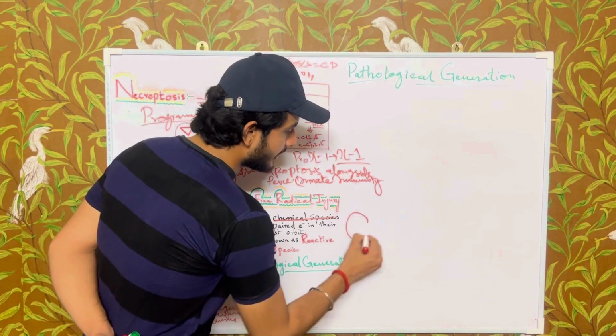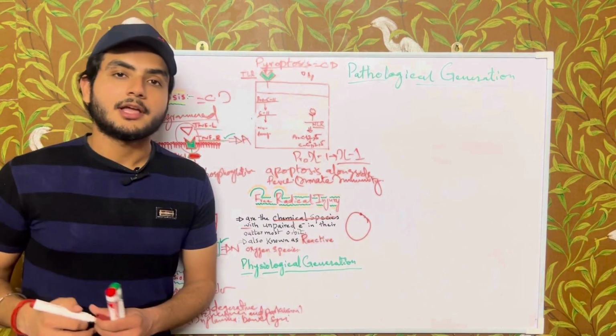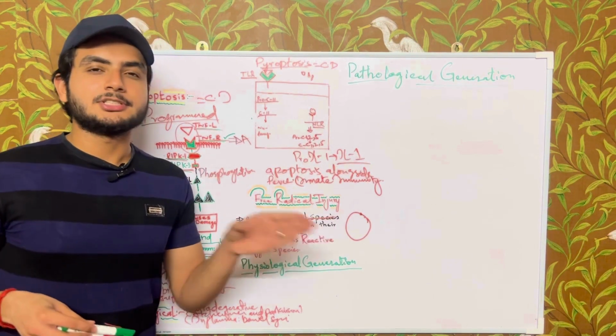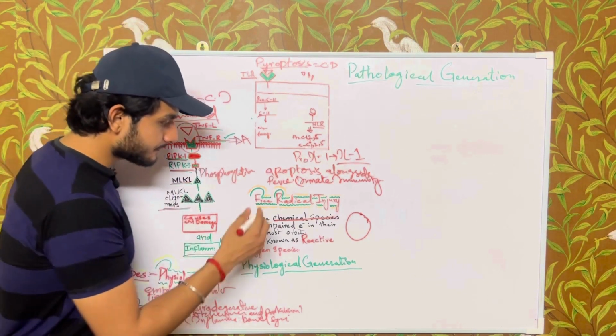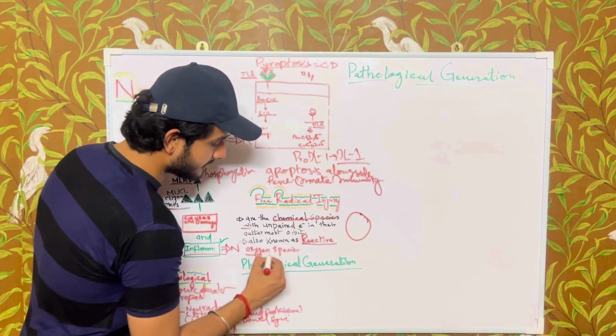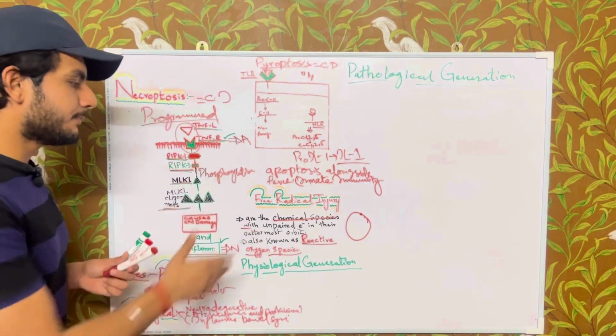If unpaired electrons are present in any chemical species, they make that chemical species more unstable. These are also known as reactive oxygen species.